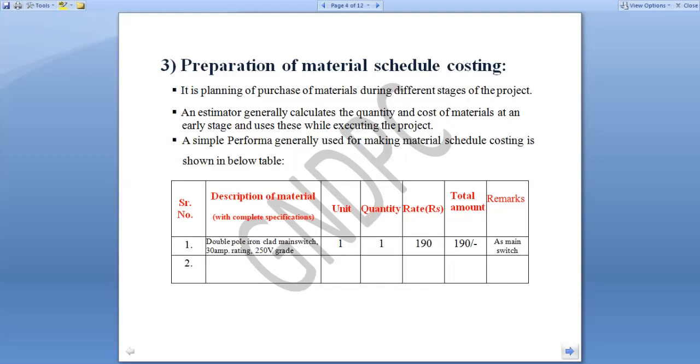Now the control route starting from the main switchboard to each of the switchboards and then from the switchboard to electrical points is marked on this plan. And as such, this plan becomes the basis of the estimate.